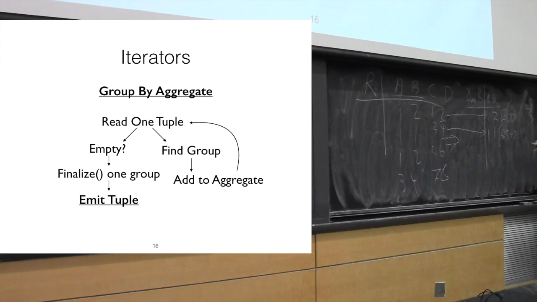And I've got 1, 2, 5, 6, so that falls into this group. And 3, 4, 7, 8. Group 3, 4, tuple 7, 8.